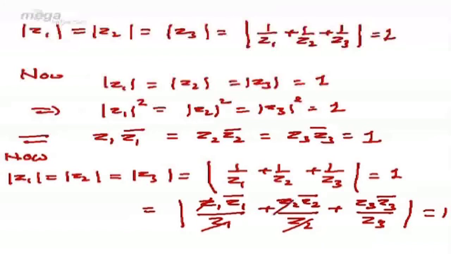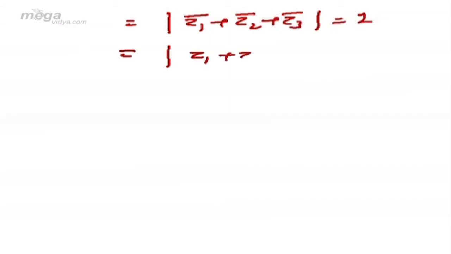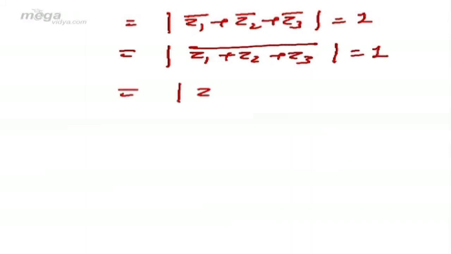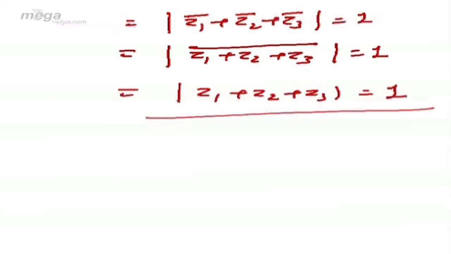The z1, z2, z3, all the three cancel out. So you will get mod of z1 bar plus z2 bar plus z3 bar is equal to 1. So this will become mod of (z1 plus z2 plus z3) whole bar is equal to 1. This will be equal to mod of z1 plus z2 plus z3 is equal to 1. So the answer is A.